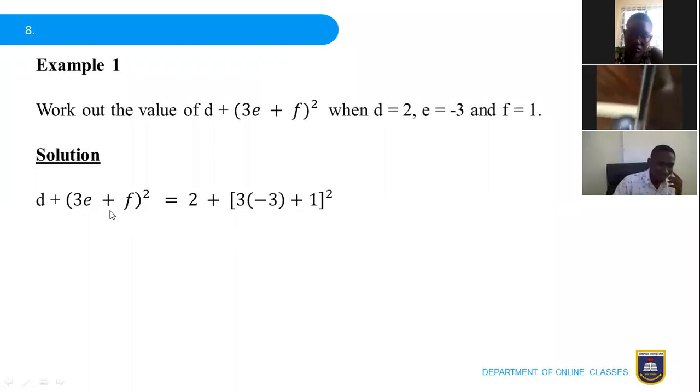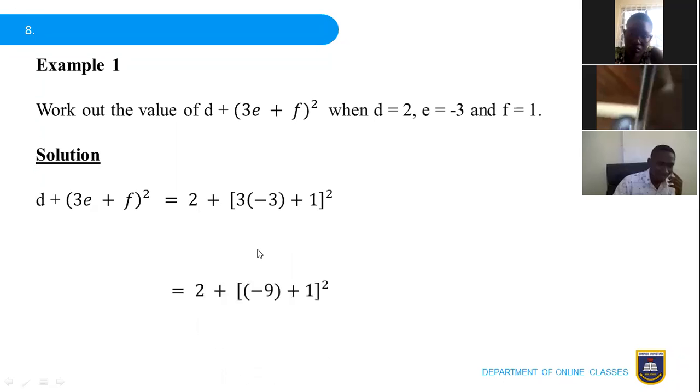In place of the d, we put 2, plus, in the bracket, 3 multiplying e, which gives 3 times negative 3, plus the f, which is 1. The whole of this is in one bracket, all squared.